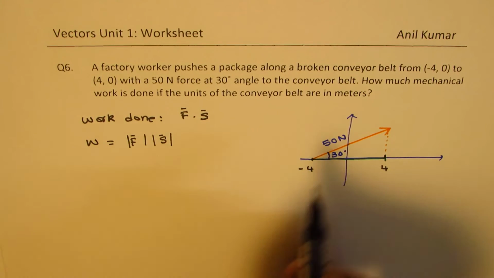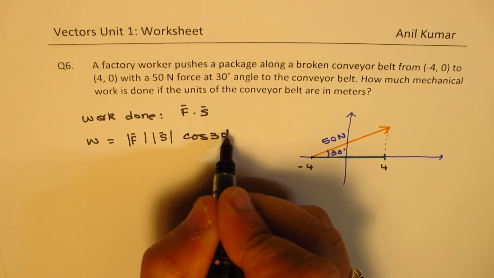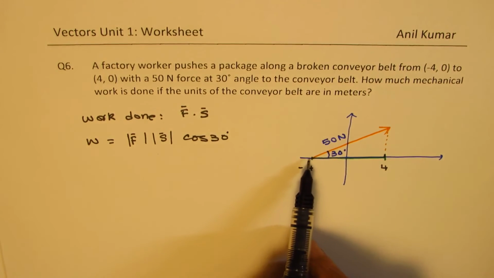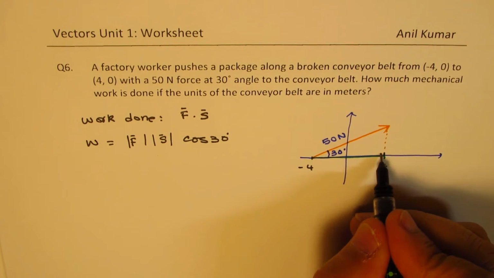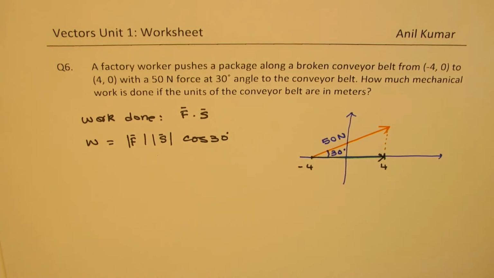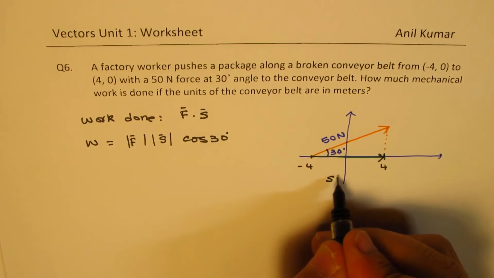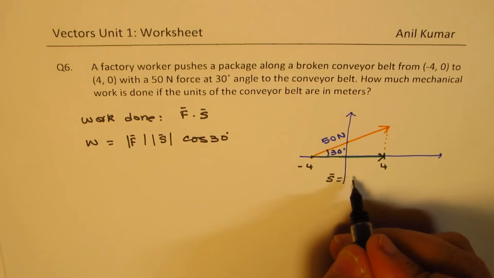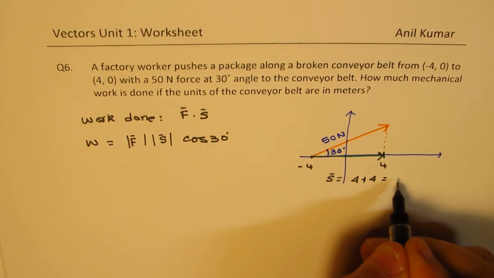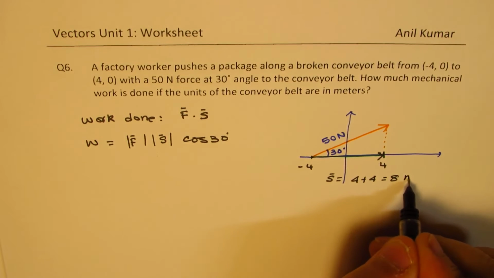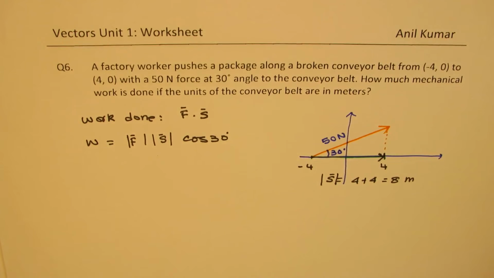Only the component along the direction of movement really helps in the actual work being done. Here displacement S is 4 minus negative 4, so it is 8 meters. That is the magnitude we're talking about.